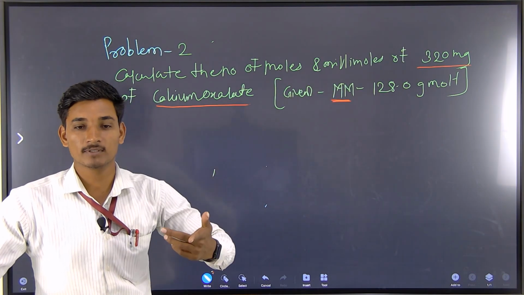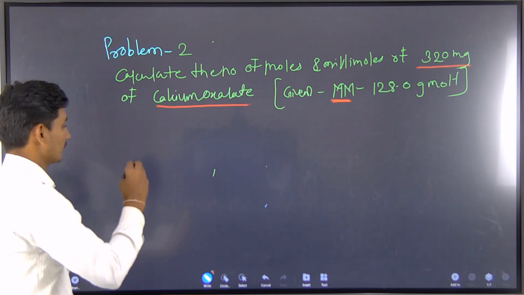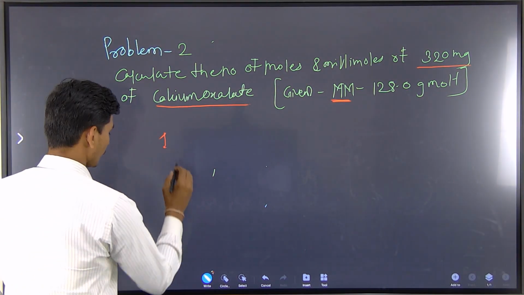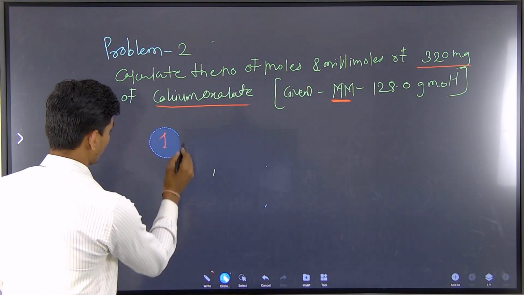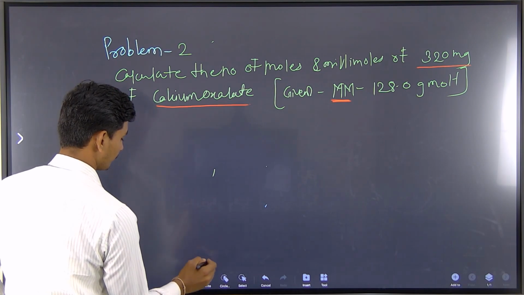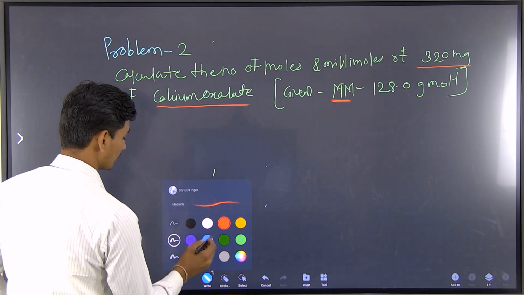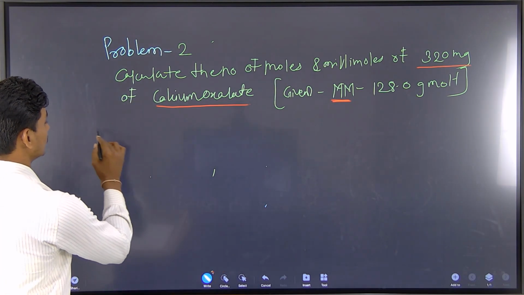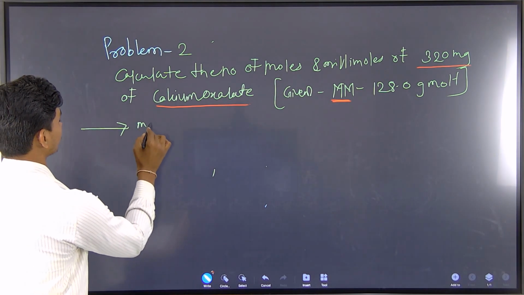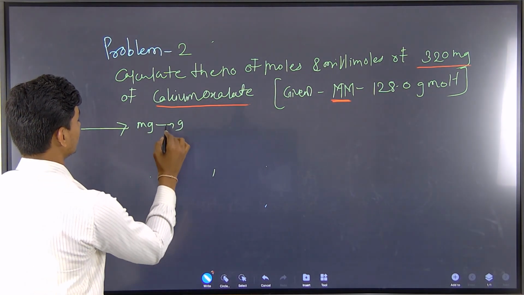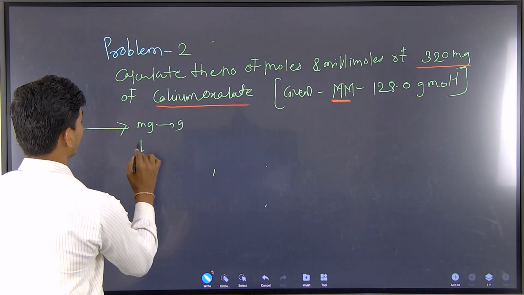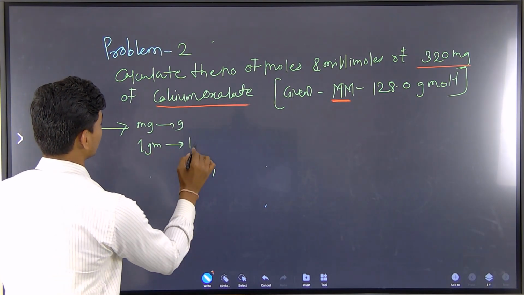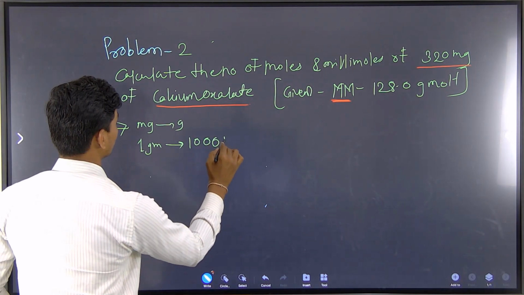How will it be converted? All of you know how to convert milligram to gram quantity. We know that 1 gram is 1000 milligram.